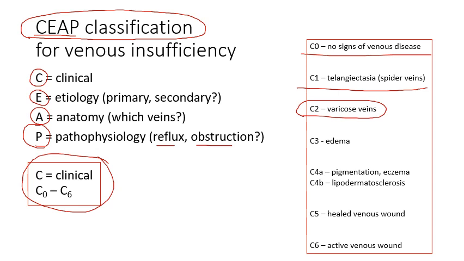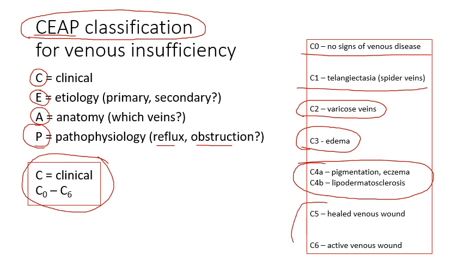Before you have any wound development, you'll have edema due to leaky capillaries. So the capillaries will leak out fluid into the interstitial space, and this will cause an edema. And as the inflammatory response continues, you'll have skin changes, which is C4, and eventually C5 and 6, you'll have a wound or a healed wound.